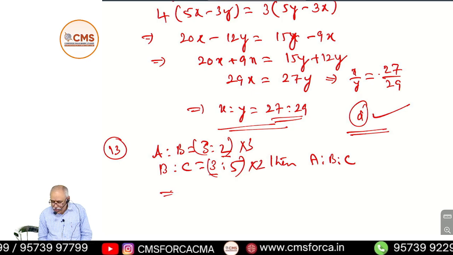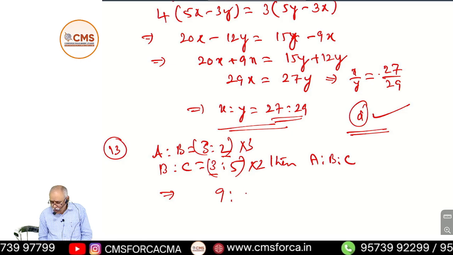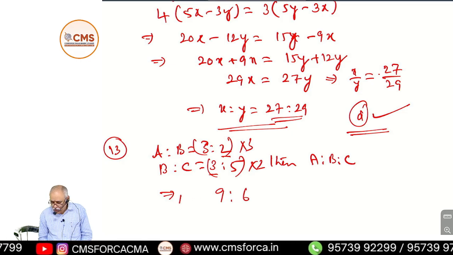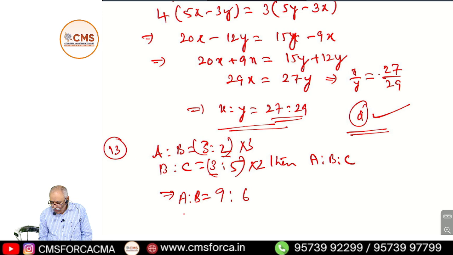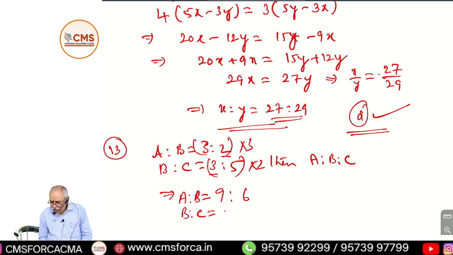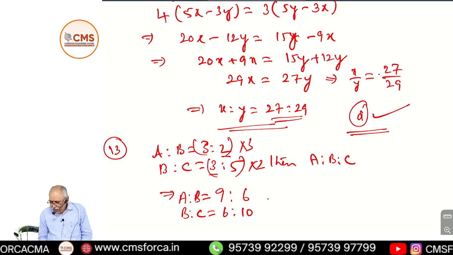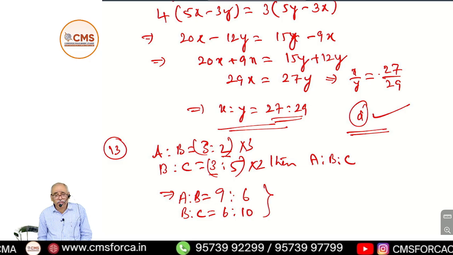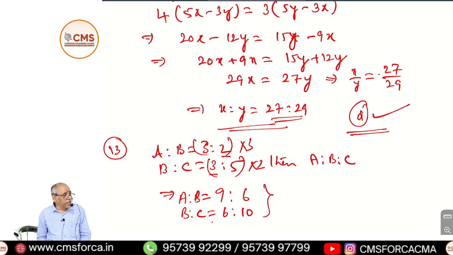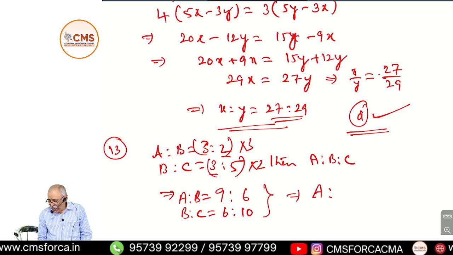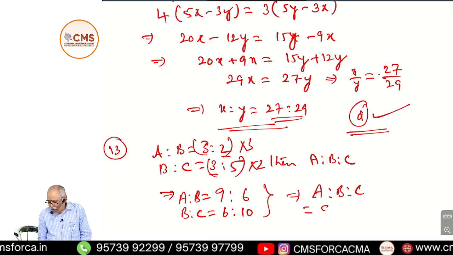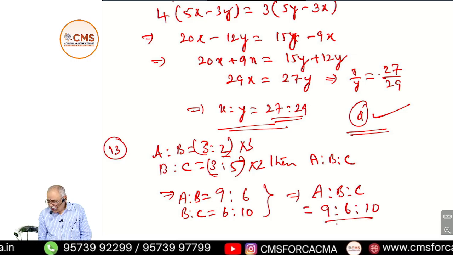Then A is to B equals 9 is to 6. The second one, B is to C, equals 6 is to 10. Now both B values are the same, 6 and 6. So A is to B is to C equals 9 is to 6 is to 10.